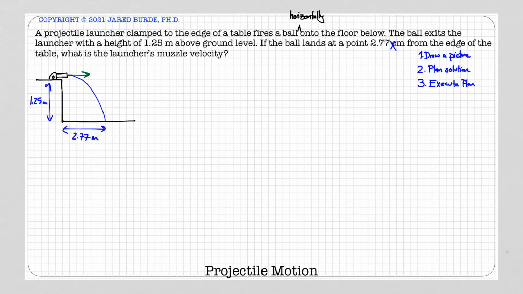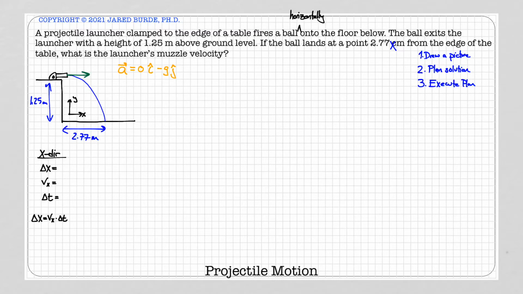Step 3 is to actually execute the plan. When we're talking about projectile motion, remember that we have motion in 2 dimensions. We have vertical and horizontal motion, and so we'll consider horizontal and vertical motions separately. In the x direction, there's no acceleration at all. The acceleration is only due to gravity and is only in the y direction.